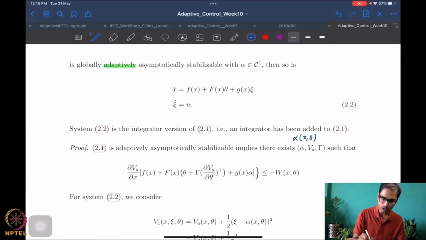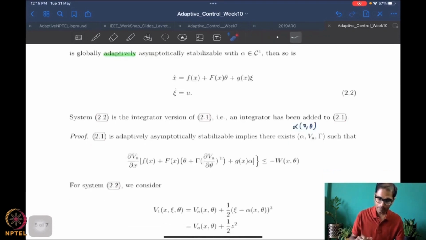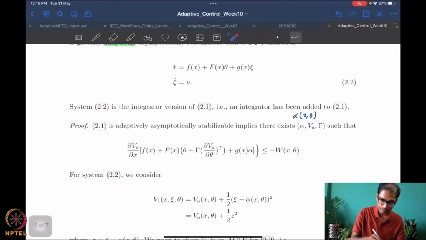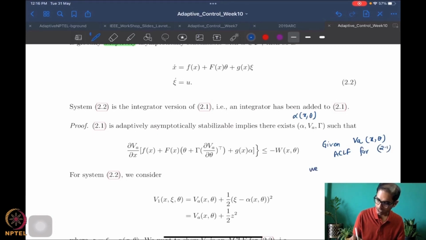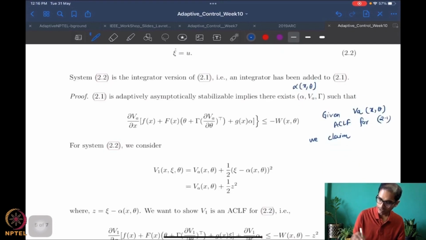So what we are going to try to prove is that, given VA x theta an ACLF for 2.1, we claim that V1 x psi theta is an ACLF for 2.2.